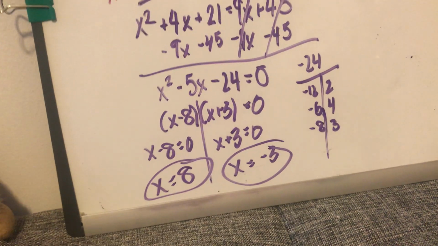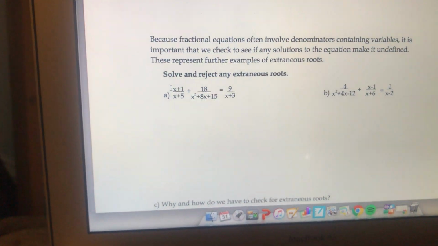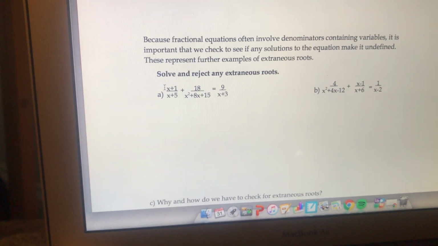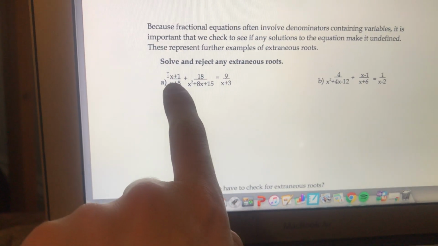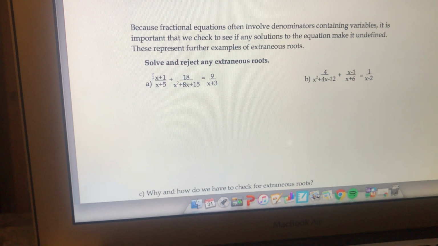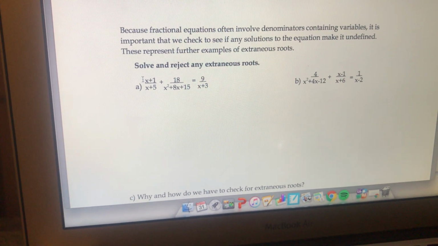Now your directions specifically said to solve, which we just did, and reject any extraneous solutions. So if I was to plug in 8 into any of my x values there, is it going to give me 0 in my denominator? You can test it yourself.